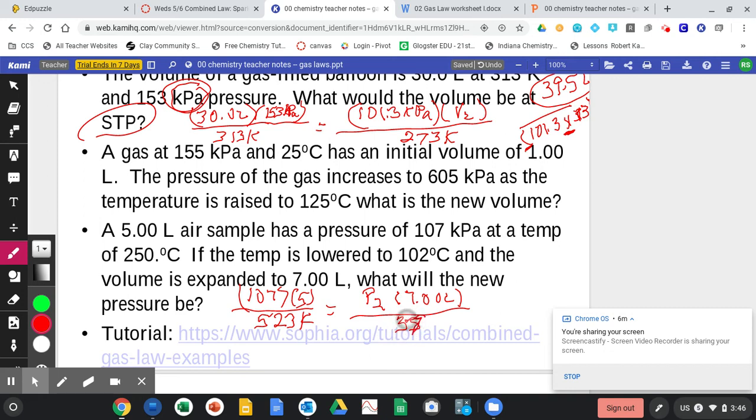Oops, 375. So I'm going to take 107 times 5 times 375 divided by parentheses 523 times 7 in parentheses equals, and I get 54.8 kilopascals. And that's combined law problems.